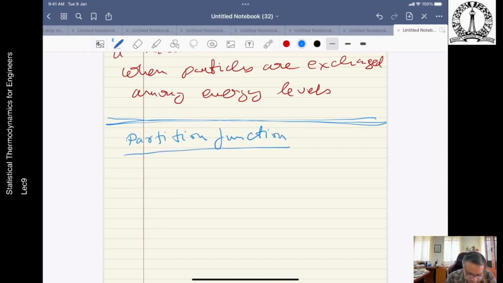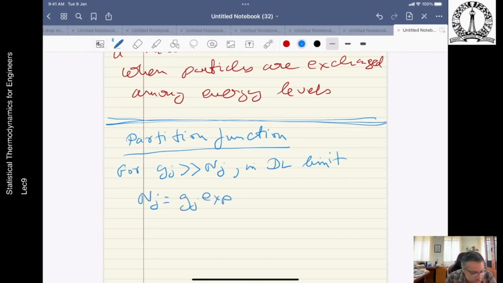Okay, so once again, for Gj much greater than Nj in the dilute limit, Nj is equal to Gj exponential (mu minus Ej) divided by kT.